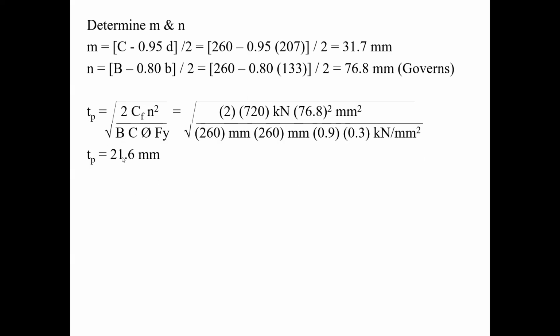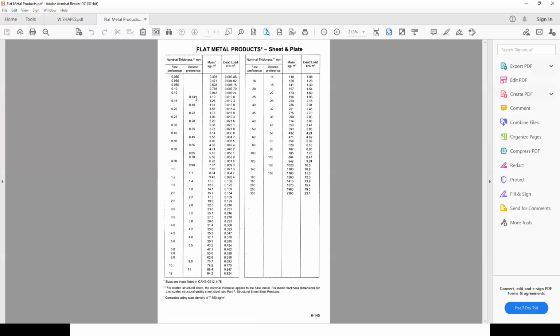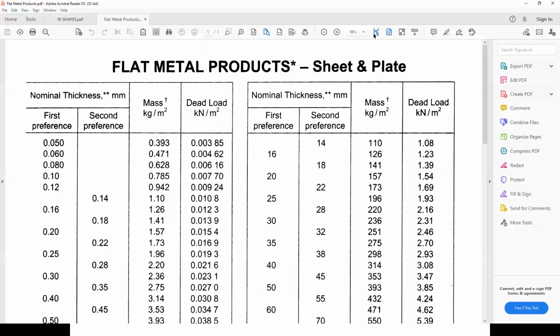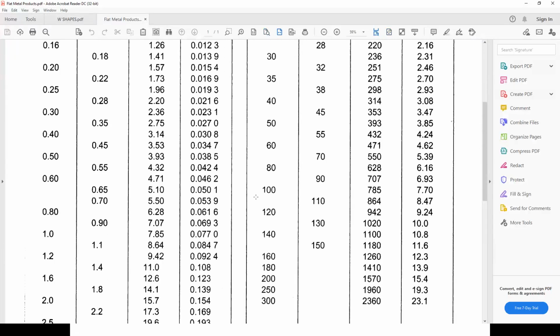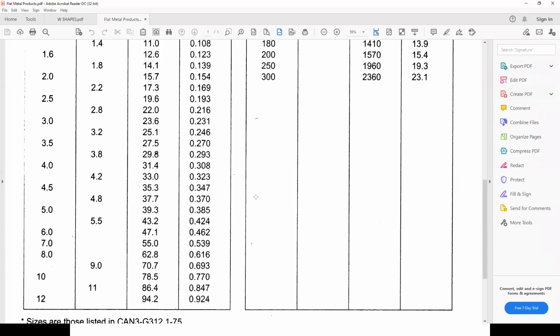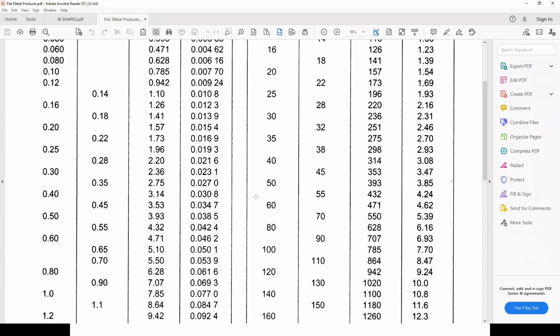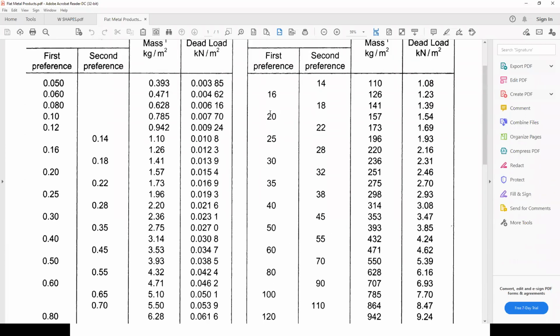Now, the TP is 21.6, and of course, you're going to see what's available in terms of thicknesses, and therefore you come down. Okay, so there is a 20 millimeter, 22.